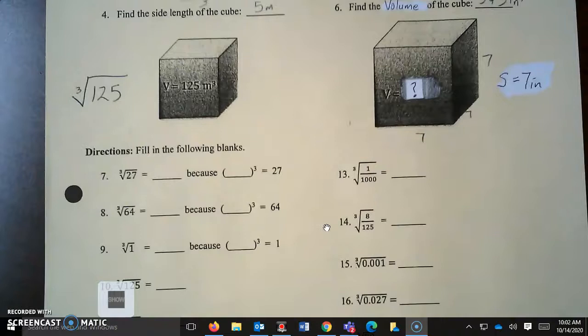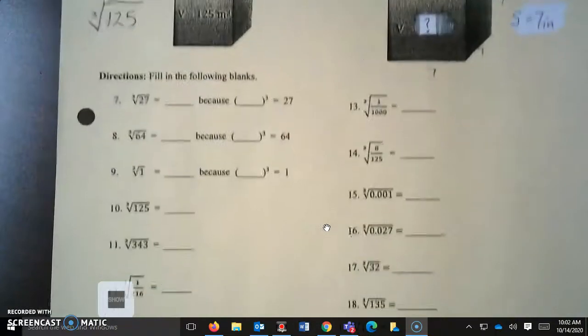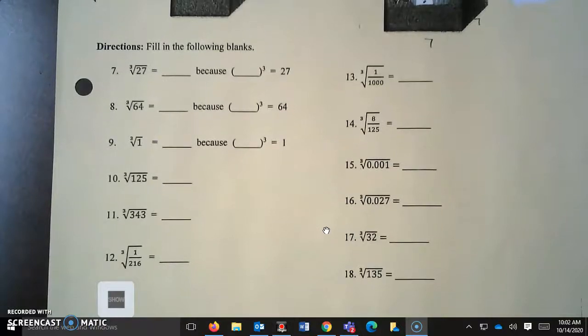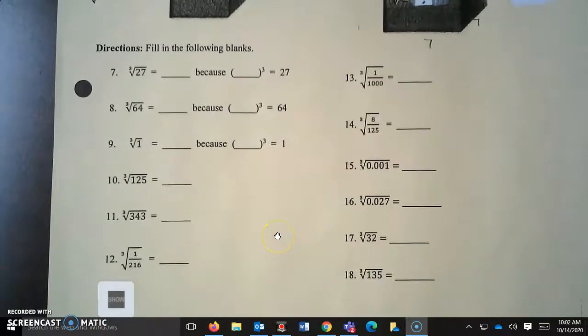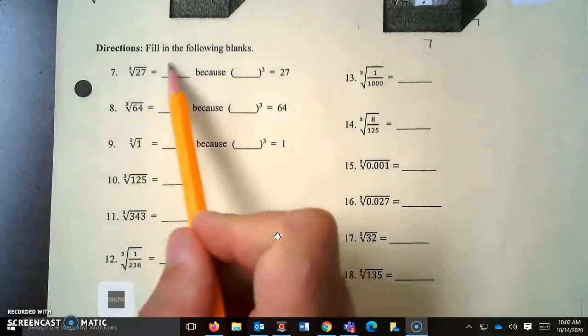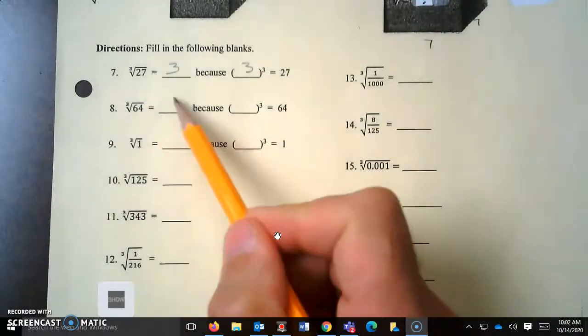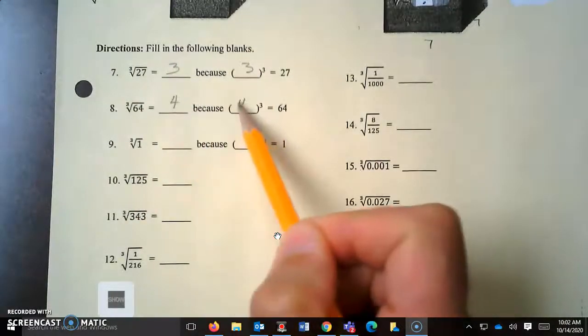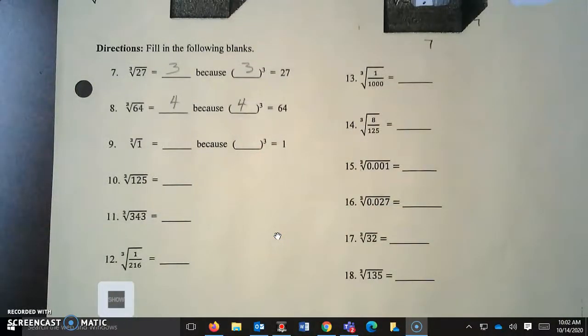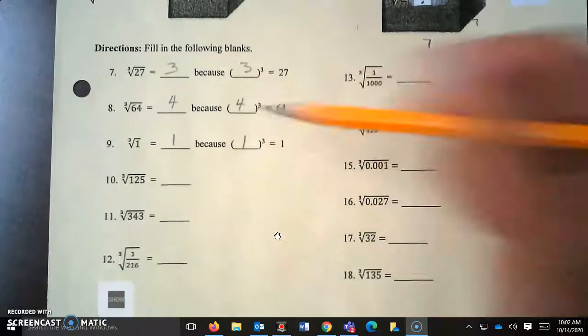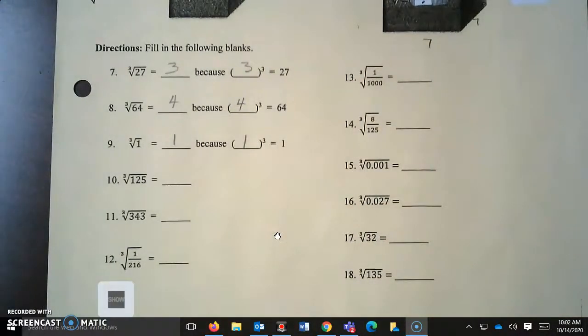Okay, so quickly some down here, then I can show you the back of this, which is the assignment. It's basically finding the cube root of all these numbers. Now, don't panic if you see decimals or fractions, but quickly, the cube root of 27 is 3, because 3 cubed is 27. And I already showed you this one. The answer is 4, because 4 cubed is 64. The cube root of 1 is 1, because 1 to the third power is 1.